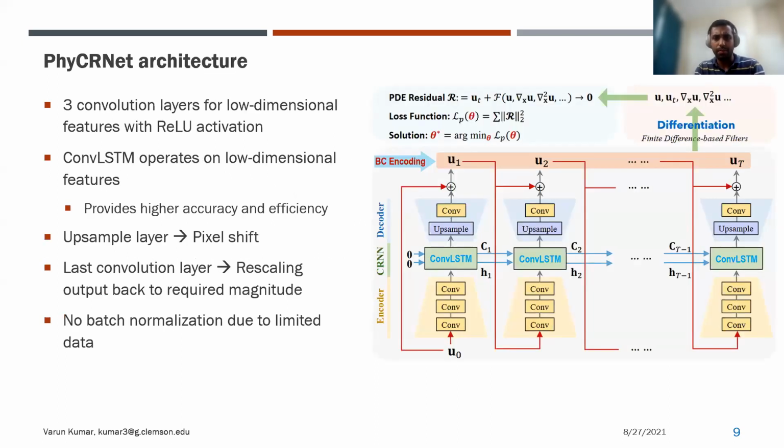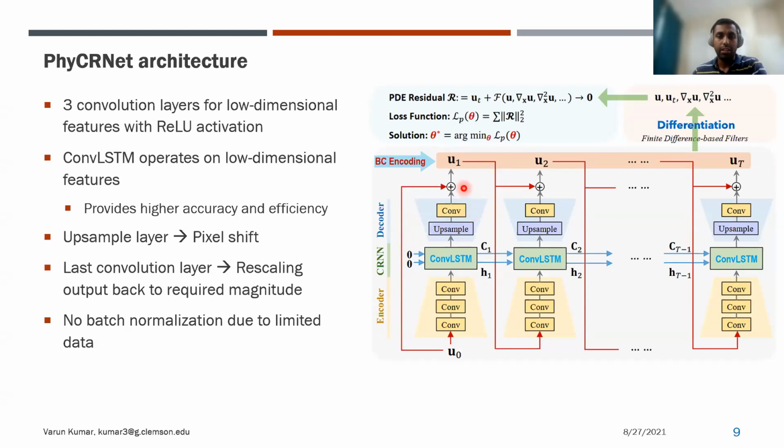So on this slide, I'm showing the basic architecture of the CRNet. We have 3 convolution layers, which transform the input, and they feed into the LSTM block. From the LSTM block, they upsample the output, and this is where they're using the pixel shuffle methodology. Then they feed that back into a convolution layer where they rescale everything back to the required magnitude.